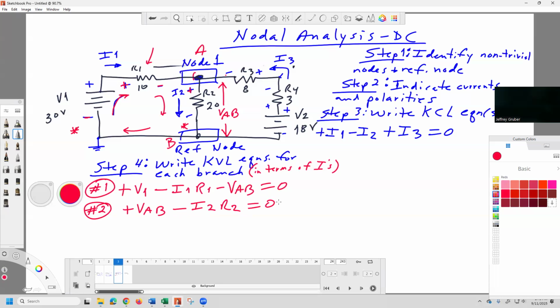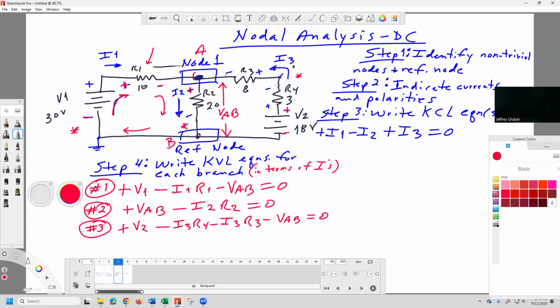You have to account for every branch. And then the last one is over here. Here's a branch. So that's number 3. So we have a rise right here, plus V2, minus I3R4, minus I3R3, minus VAB equals 0.